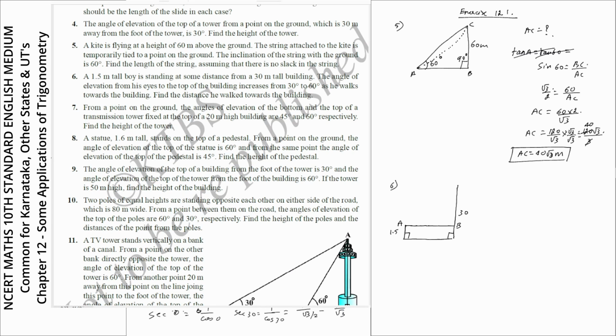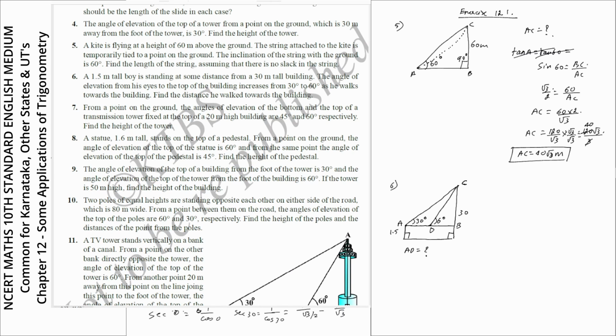Now the boy is seeing the top of the building, and the angle of elevation is 30 degree like this. I'll call this point as C, and he is walking towards the building, and at some point he sees the top of the building at an angle of elevation of 60 degree like this. So I'll call this point as D. Now the question is, what is the distance of AD?